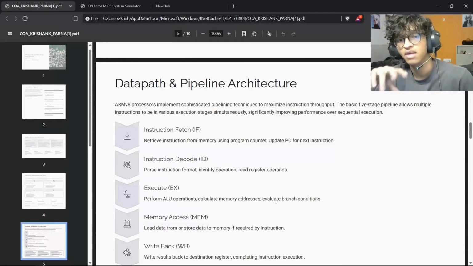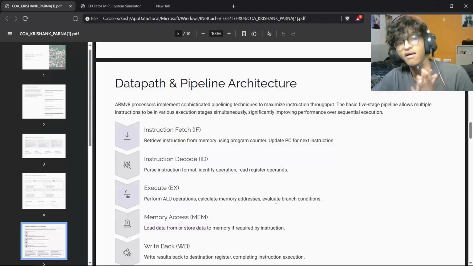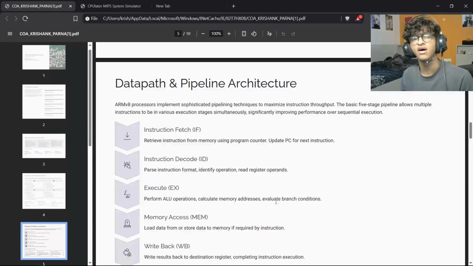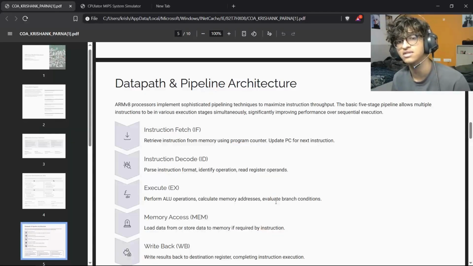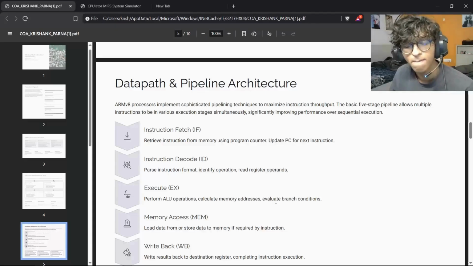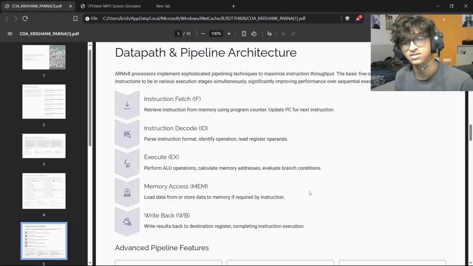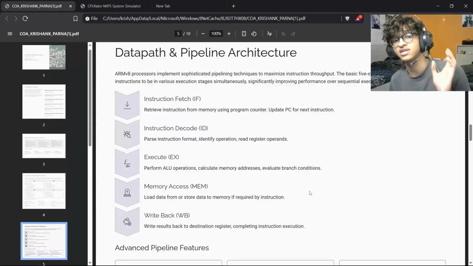Data path and pipeline architecture. ARM V8 processors implement sophisticated pipelining techniques to maximize instruction throughput. The basic 5-stage pipeline allows multiple instructions to be in various execution stages simultaneously, significantly improving performance over sequential execution. The 5 stages are instruction fetch, instruction decode, execute, memory access, and write back.